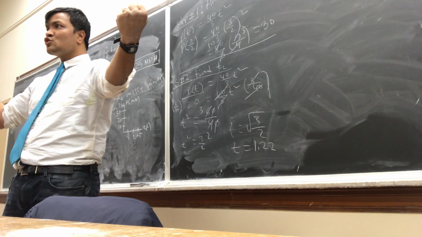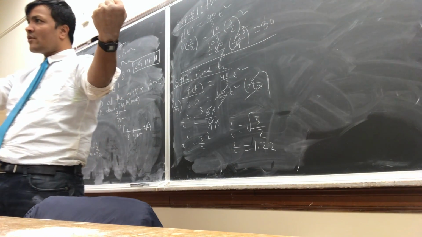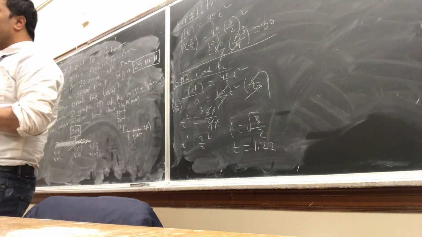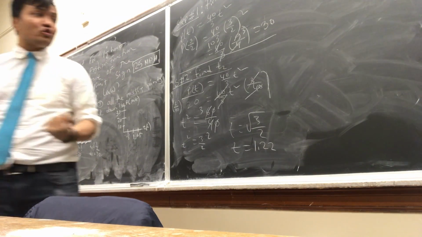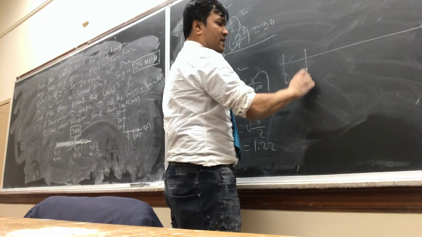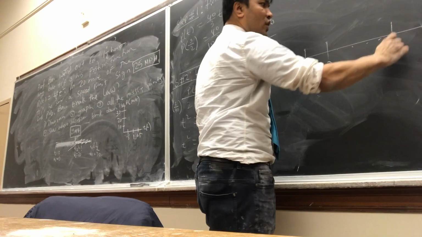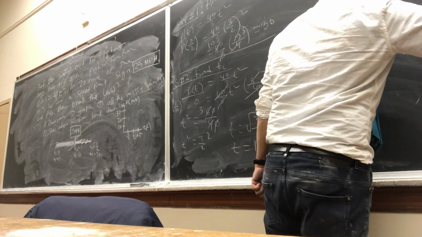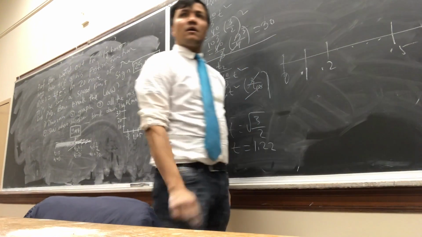So should you look at 0 hour, 0.5 hour, 1 hour, 1.5 hour, or 1.22? You have many choices: 0, 0.1, 0.2, and so on, 0.5, 1, 1.22, 1.5.